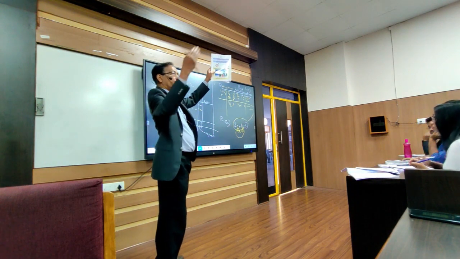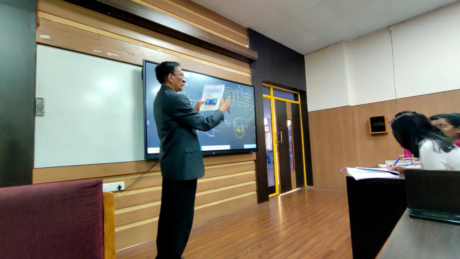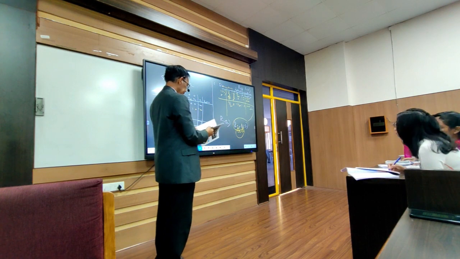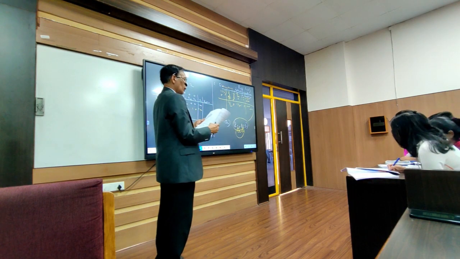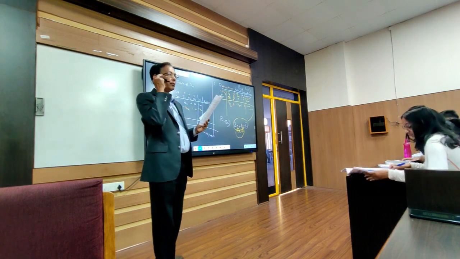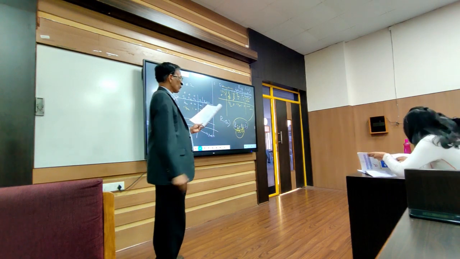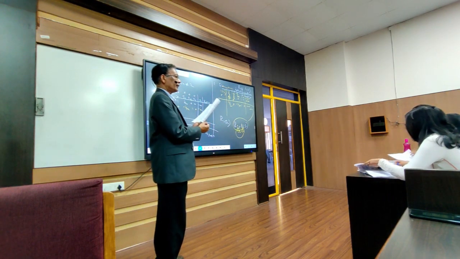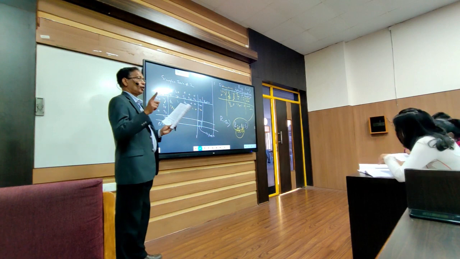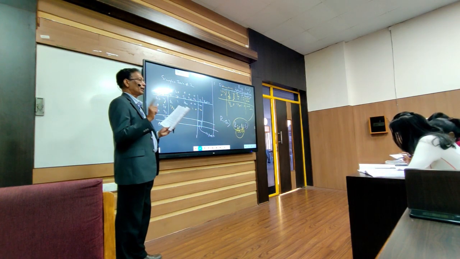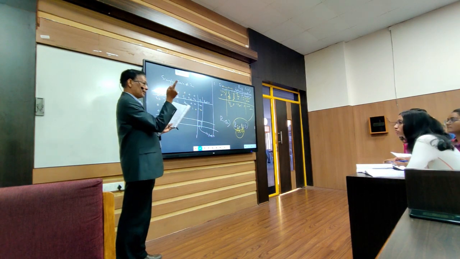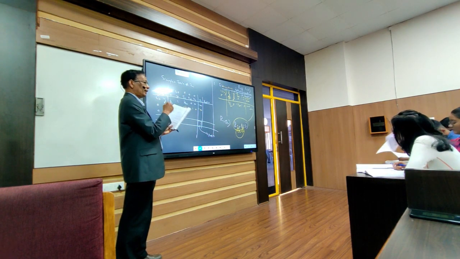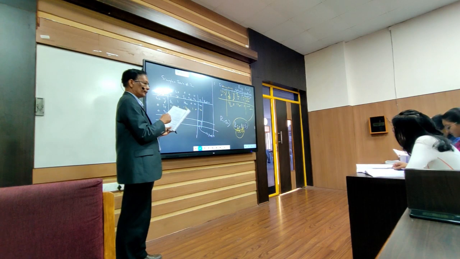Now, I will not bother you much. You can refer to the duty handbook if you have. All of you please refer to page number 78 of the duty handbook. Table number 5 is our table number 1.